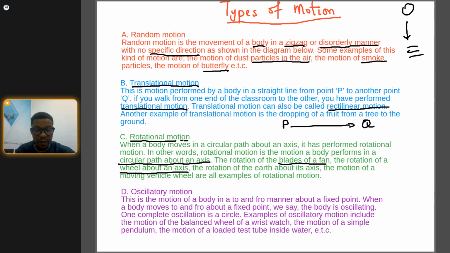The rotation of the earth about its axis is also rotational motion. The motion of a moving vehicle wheel, all these are examples of what? Rotational motion. When you check the wheel of the vehicle, it also rotates about a particular axis, and that is called a rotational motion.